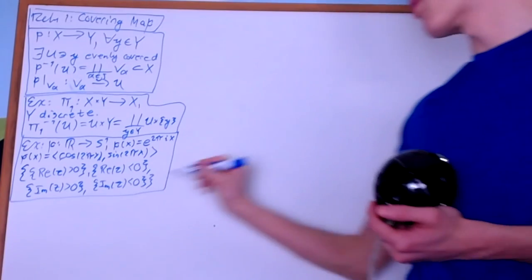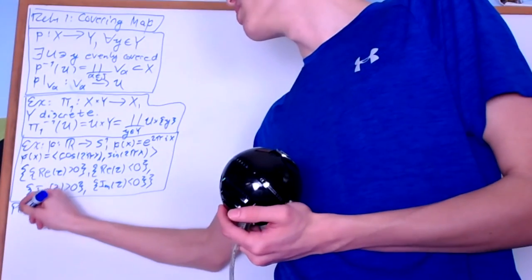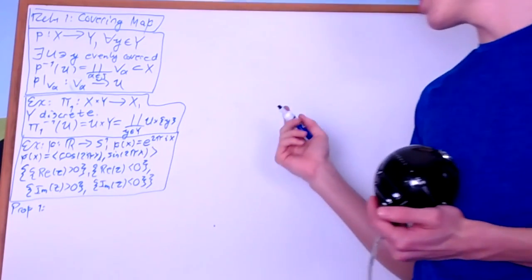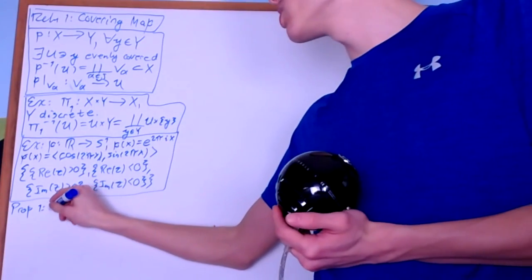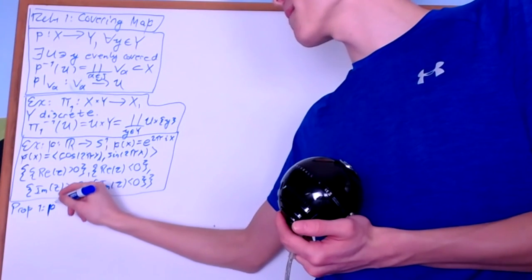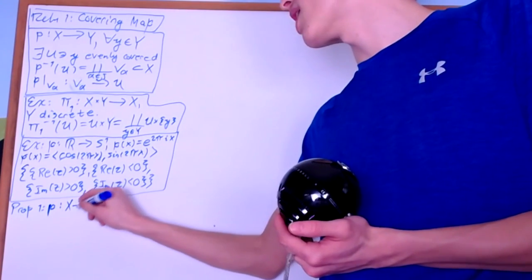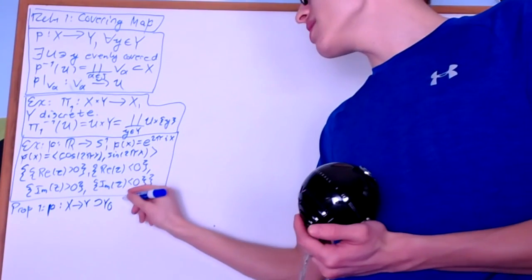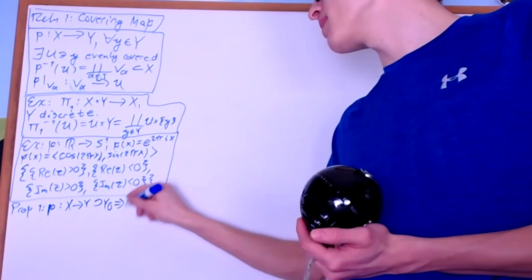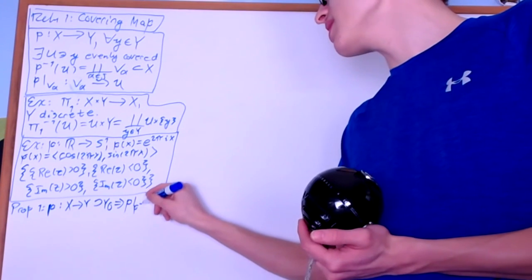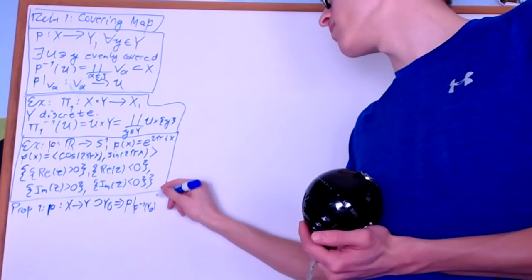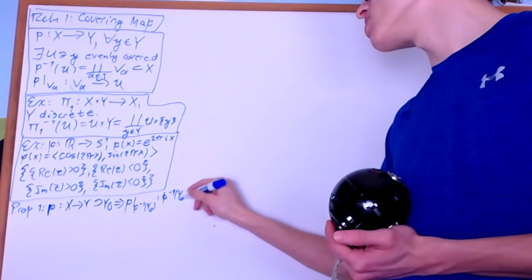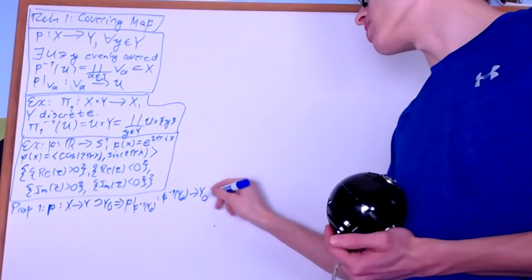Now, a couple of properties of these covering maps which are pretty easy to prove, so I won't do them here, are, first, that you can restrict them. If I have a covering map P from X to Y, and I have some subspace Y0, then I can restrict P to P inverse of Y0, and this will be a covering map from P inverse of Y0 into Y0.